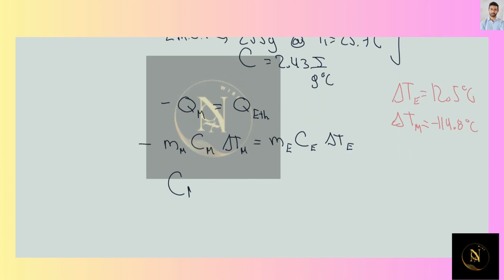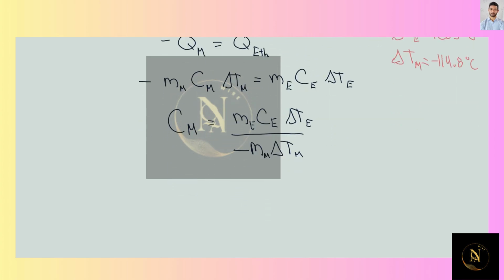So the heat capacity of the metal is going to be equal to mass of ethylene glycol, heat capacity of ethylene glycol, delta T for ethylene glycol, divided by minus mass of metal times delta T for the metal. Replacing the values, heat capacity of the metal is going to be equal to mass of ethylene glycol, we said that was equal to 255 grams, sorry.